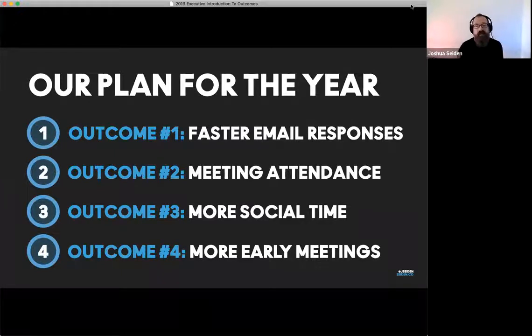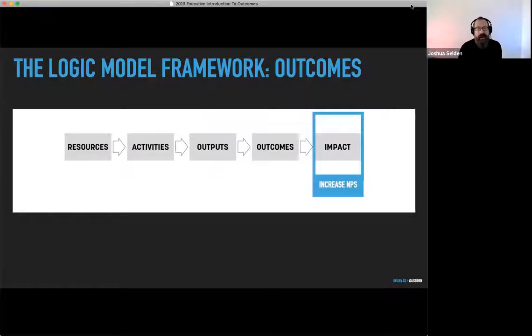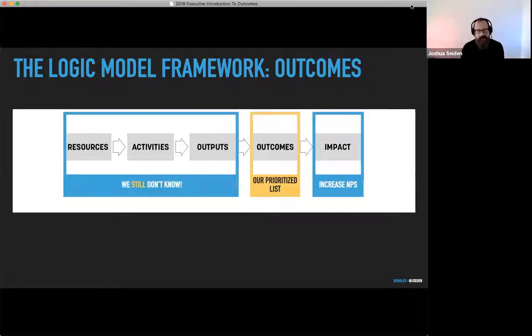That was our mission, our roadmap for the coming year, okay? And so, right, that's our impact, increased net promoter score. These are the outcomes that we're trying to generate, our prioritized list.